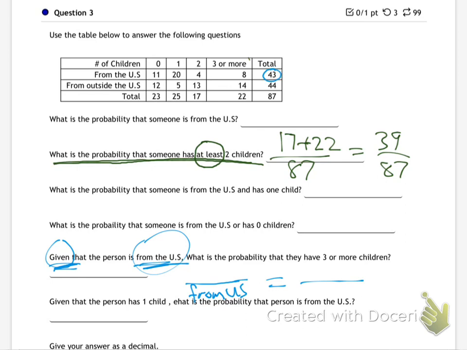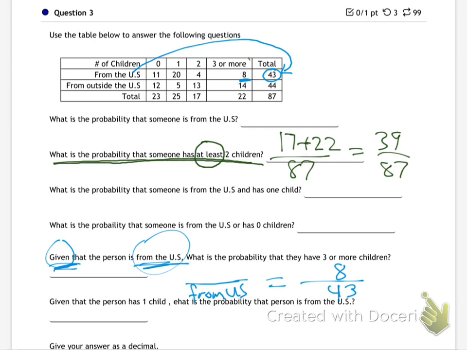Getting used to all these tables? We're getting easier? From the U.S., 43 total. And what do they want? 3 or more children? What's that going to be? Just the 8. 8 of the 43.